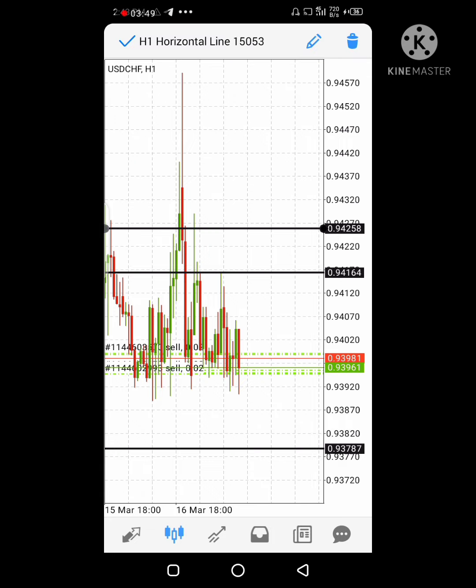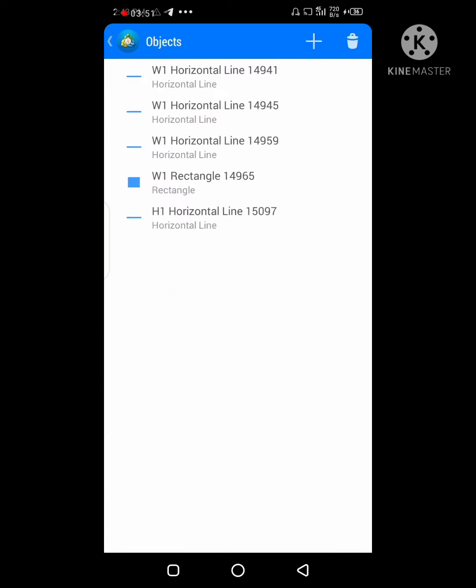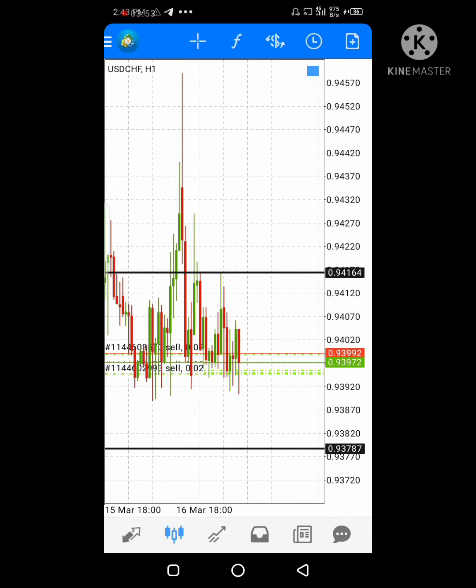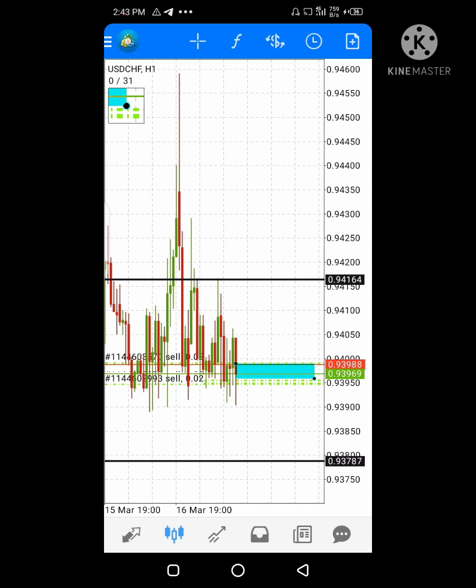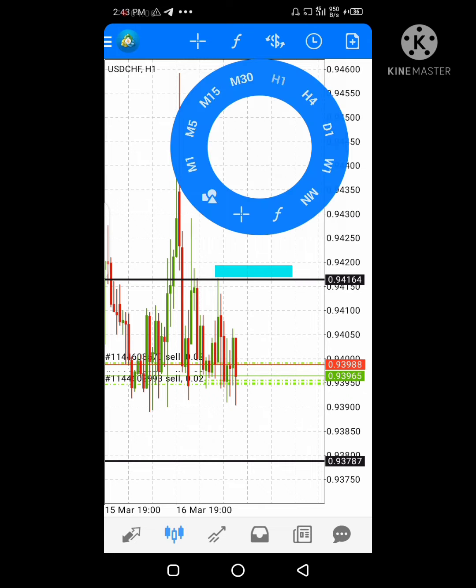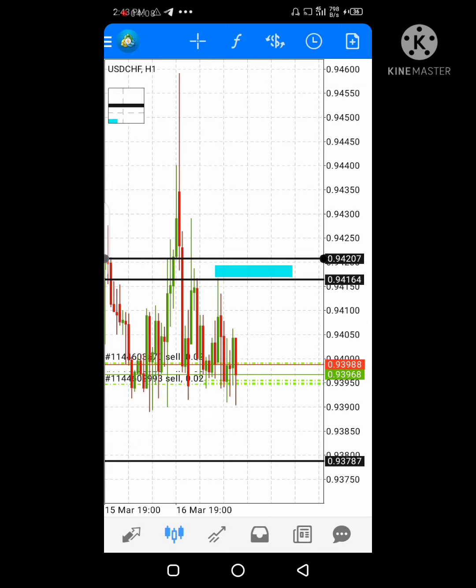So I'm going to remove this one and place my stop loss above there. So I'm going to be placing my stop loss right here, 94,194.